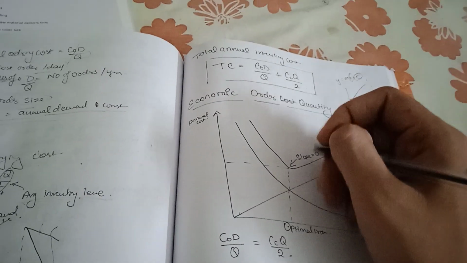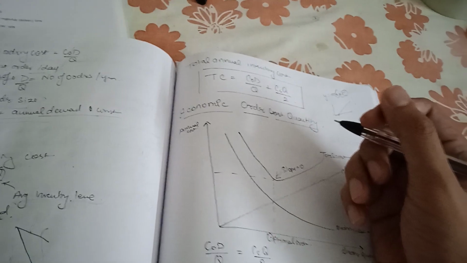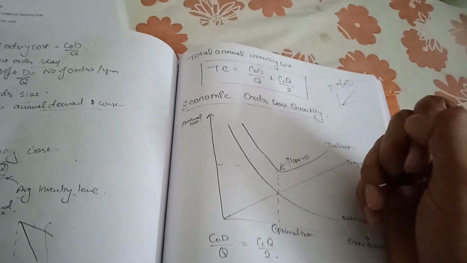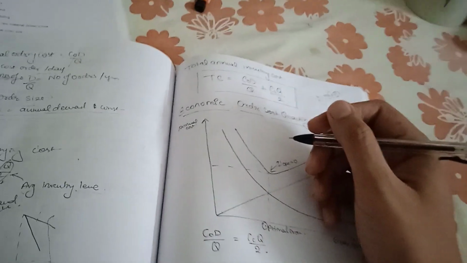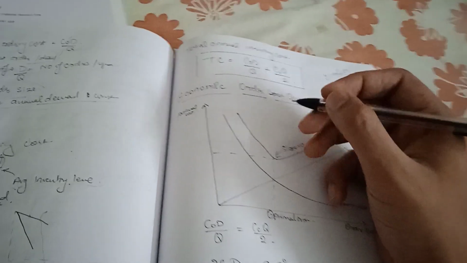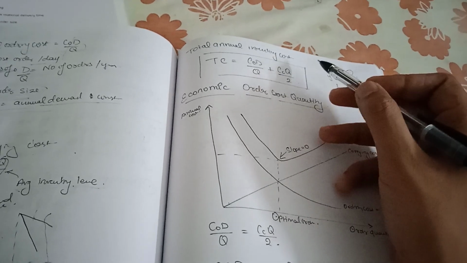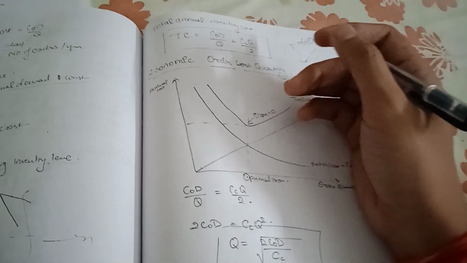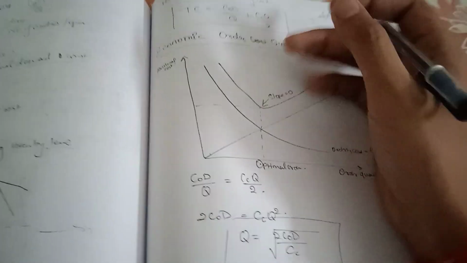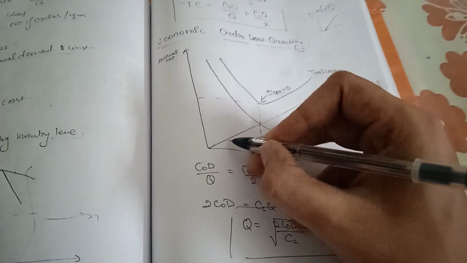If we order 2,000 scooties, the per-scooty ordering cost will be 2.5 rupees. So when we make a larger order, the order cost decreases. But when we make larger and larger orders and store more scooties, the carrying cost will increase. We require more labor and more cleaning, and because of that the carrying cost will increase.